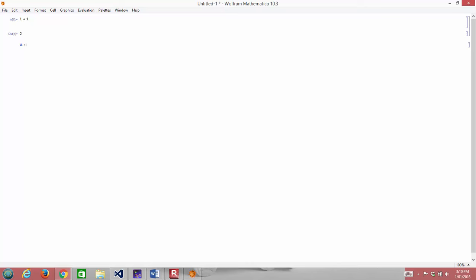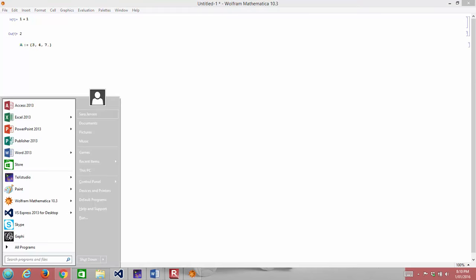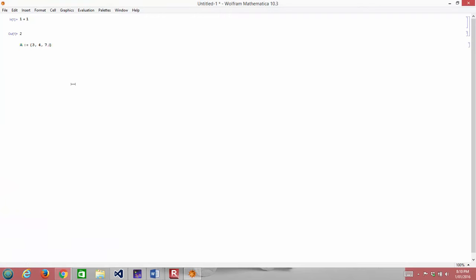When I'm defining something in Mathematica, instead of using an equals, I use a colon equals. That says I want to create something. I'm going to call it A, and I want to define it to be the following. So what do I want to define it to be? I want to define it to be a set. So I use my squiggly brackets for set notation. It's a set of numbers 3, 4, 7, 9, and 14. And that's what I want the set A to be.